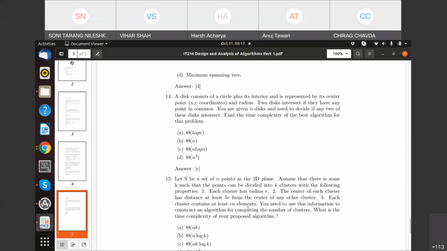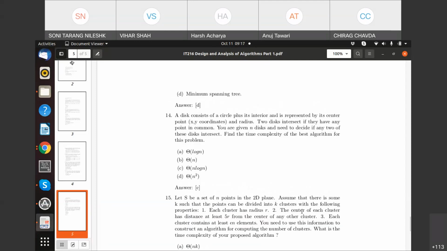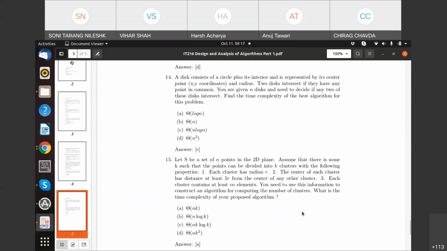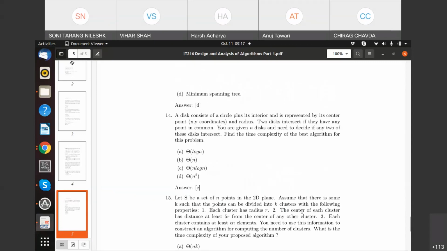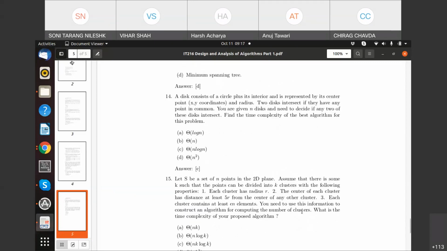That's what this line was there for: you need to use this information to construct an algorithm for computing the number of clusters. Anyway, you can always ask during the exam if you don't understand some problem.